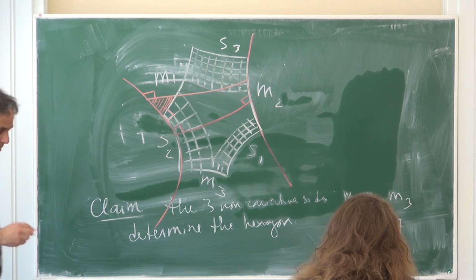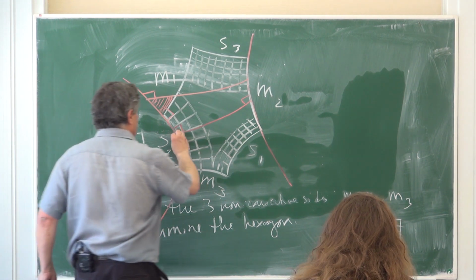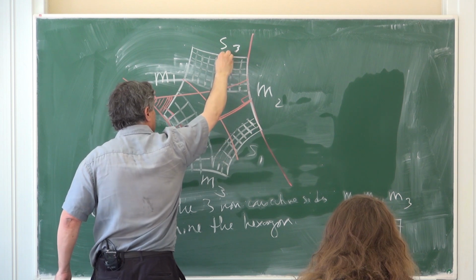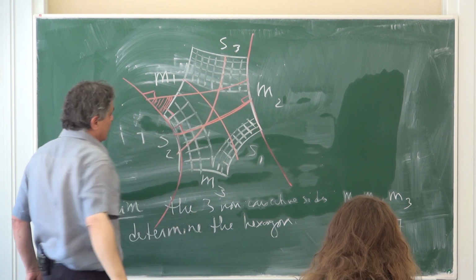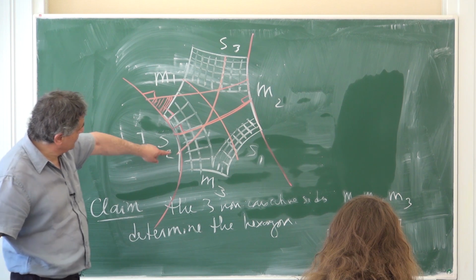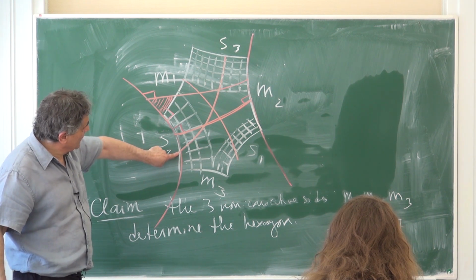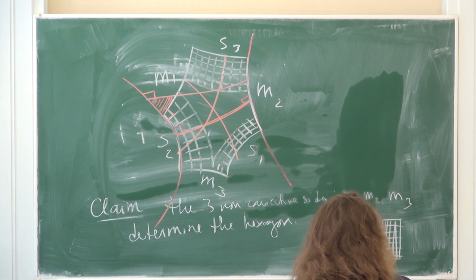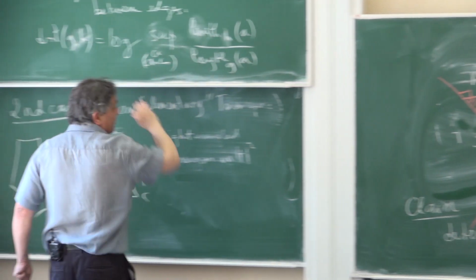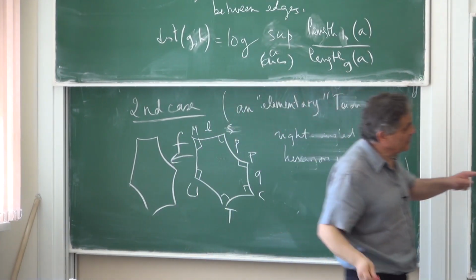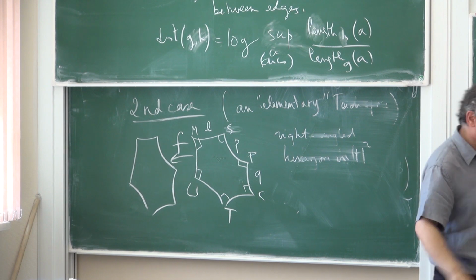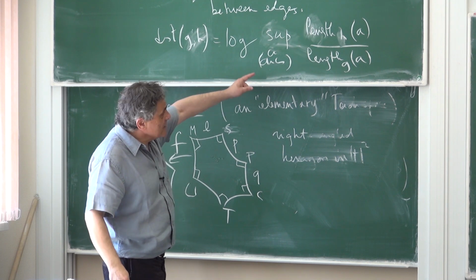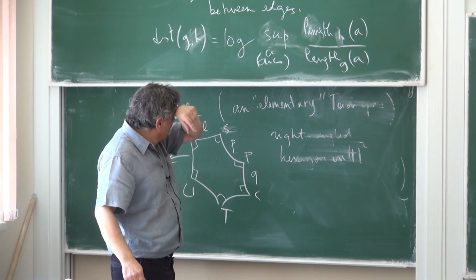So the conclusion is that these three perpendiculars, this one and this one and this one here, stay in the interior of the hexagon, and then you can use them here to define this other distance. In fact, we know that you have three parameters, and these three lengths should be sufficient to define a distance between the two hexagons.